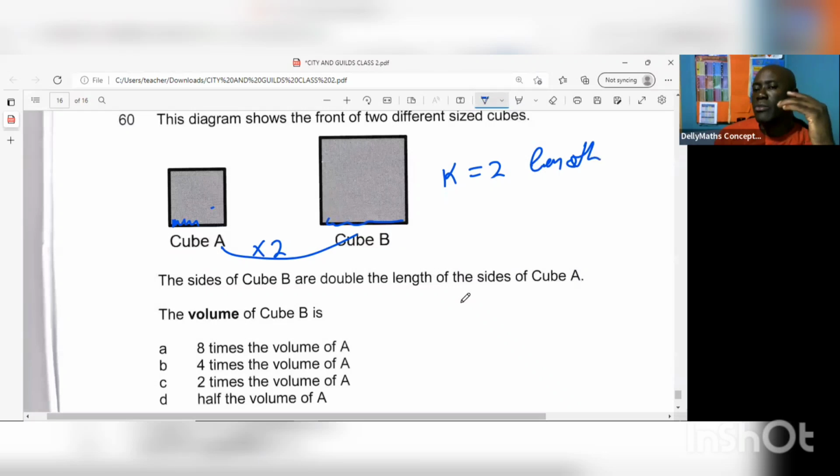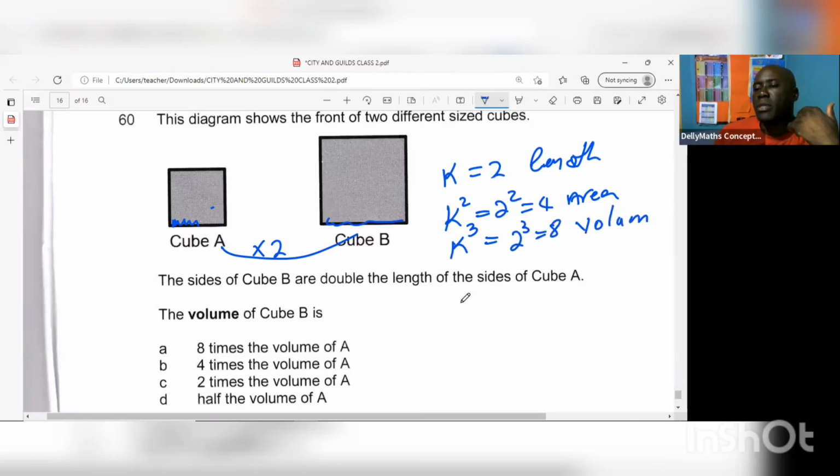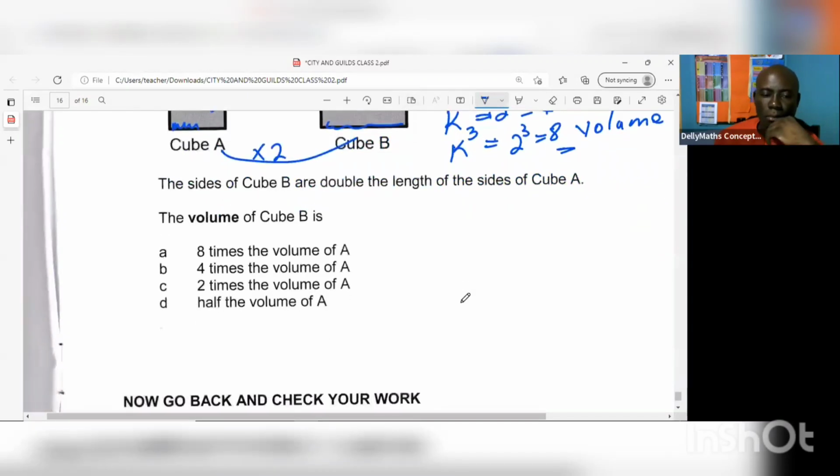If you want to find area, you square this, so the bigger one is 4 times. But if we're going to volume, you cube this and you get 8. So this is for volume. What it means is that based on the scale factor, the bigger one is 8 times the other one.